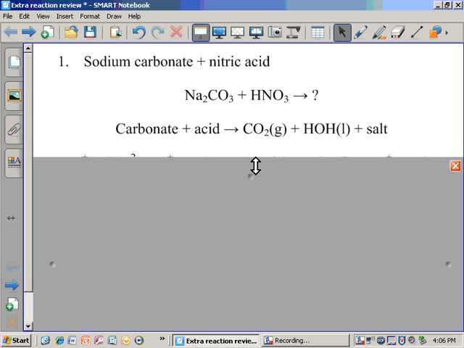So now I can ask the question: will these compounds at the beginning be together as molecules or will they be separated into ions? The first one, sodium carbonate, is going to be ions because sodium is a group 1 element, and all of them are soluble.